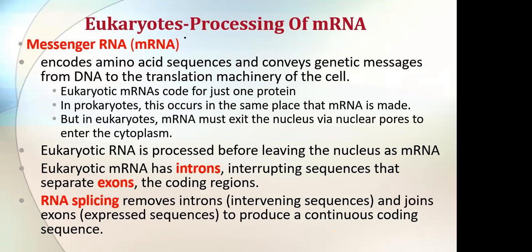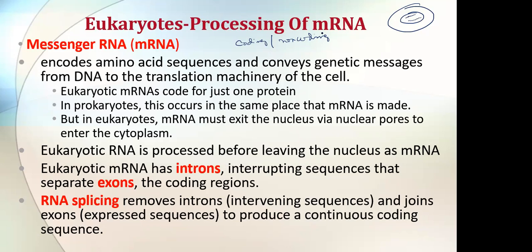For the eukaryotic chromosome, what happens? Remember, inside the eukaryotic chromosome we have both coding sequence and non-coding sequence, and that is very costly. Inside the nucleus, this was the DNA, and the cell makes messenger RNA.